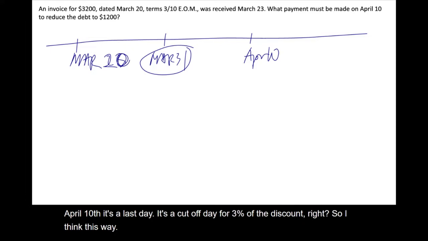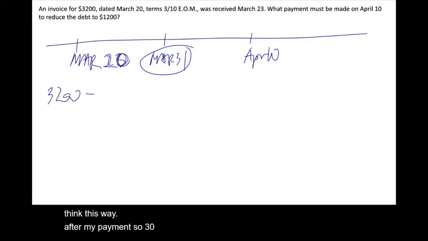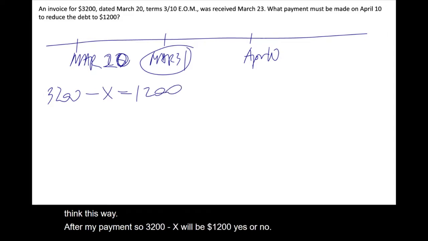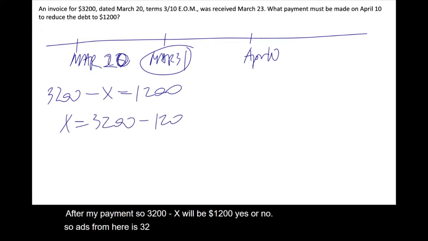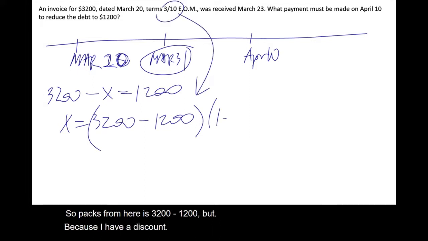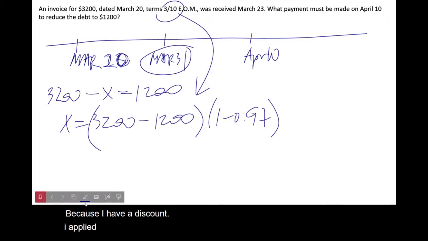After my payment, 3200 minus X will be $1,200. Yes or no? So X from here is 3200 minus 1200, but because I have a discount, I apply it, 0.03.